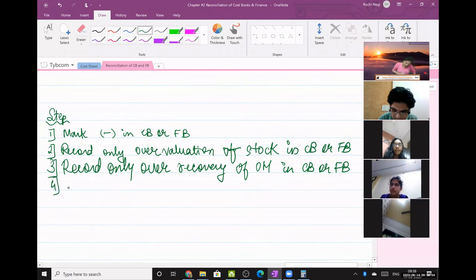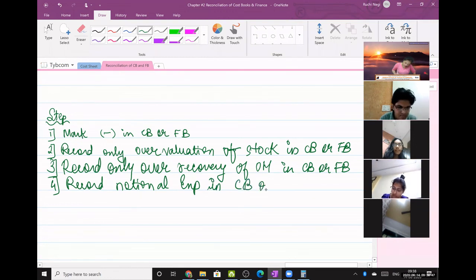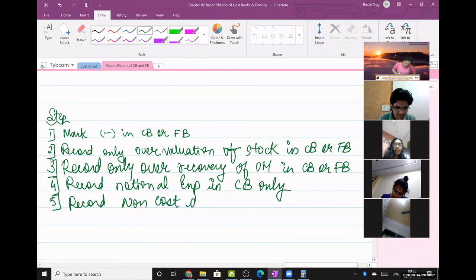And fourth, record notional expenses in cost books only. And record non-cost items in finance books only.